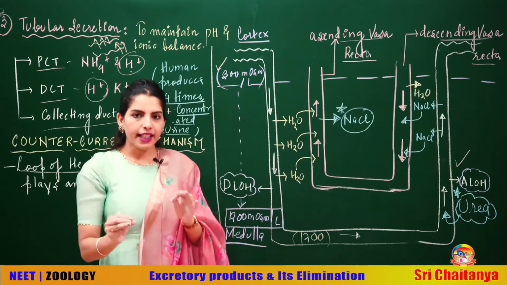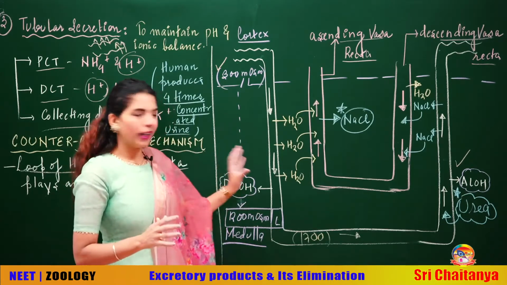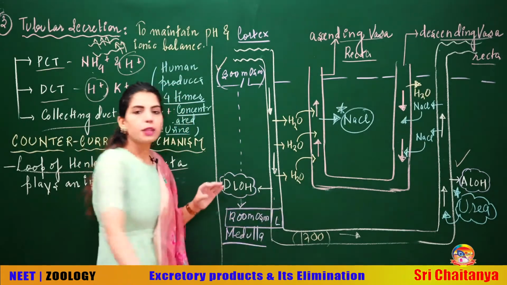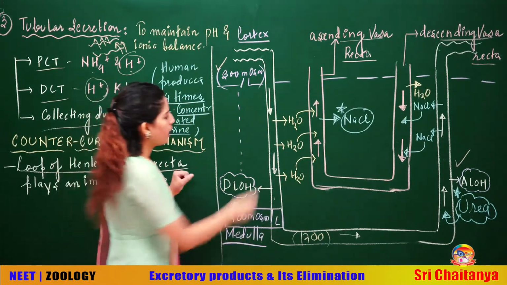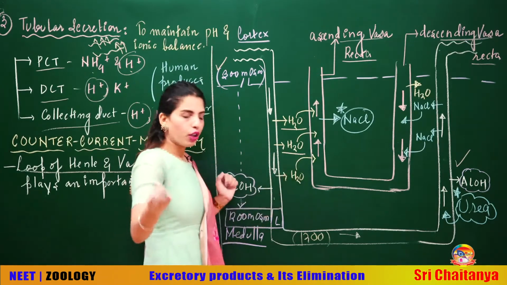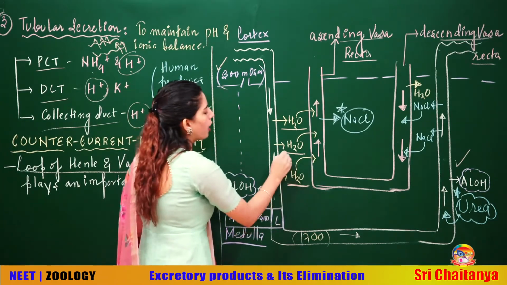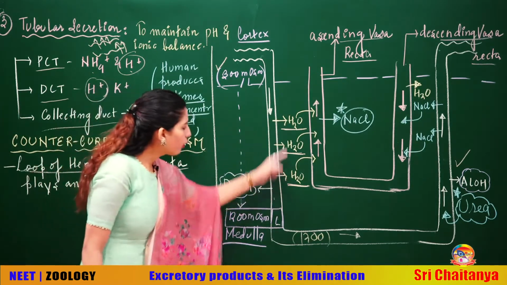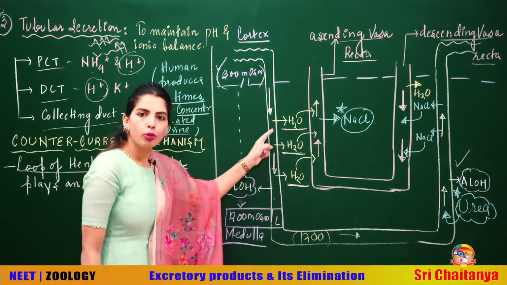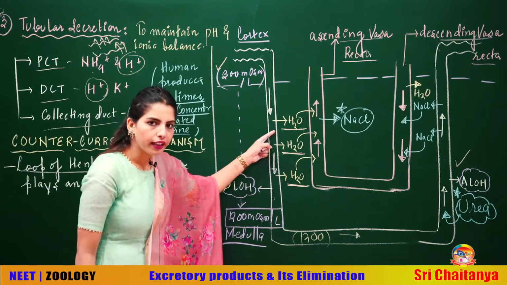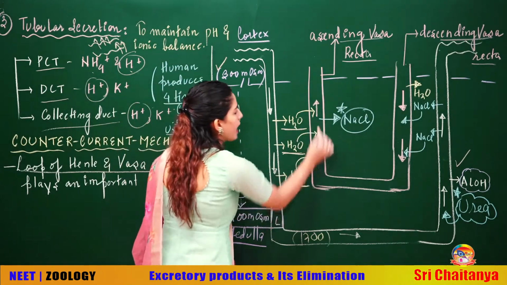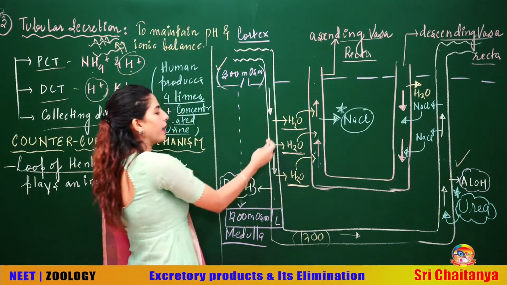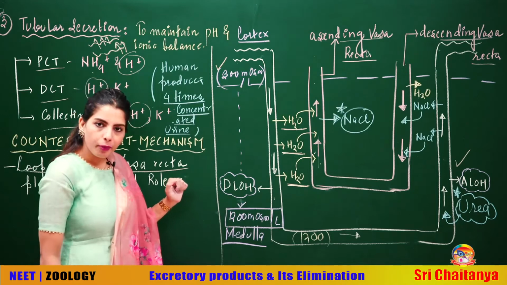Now students, quite easy to remember, follow what I have written, okay? You now know that the descending loop of Henle is permeable mostly for water. So you see that the water is moving out of this descending loop of Henle. And this water which is being reabsorbed from the descending loop of Henle, do you see where it is moving? It is moving into the ascending vasa recta, which runs parallel with the descending loop of Henle.